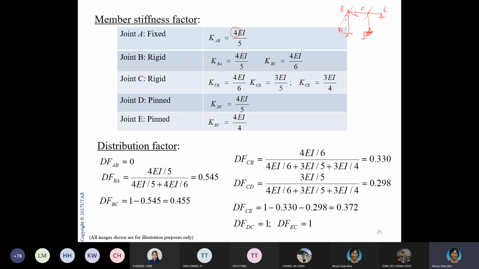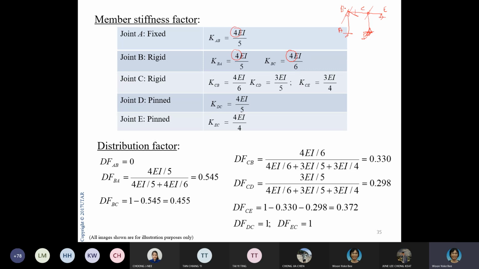So for joint B, I will have KBA. Now KBA, A is fixed, so I use 4 also. For BC, KBC, same thing, 4. Joint C, again, same thing. Now look at joint C. I have 3 members, so I will have KCB, KCD, and KCE.